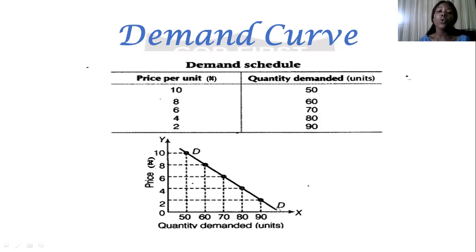It is a straight-line curve where quantity demanded increases as prices decrease, while quantity demanded reduces as prices increase. So this is a demand schedule showing the relationship between price and quantity demanded, while the curve is the graphical representation of price against demand.